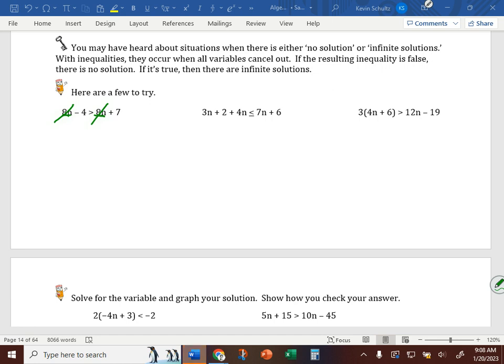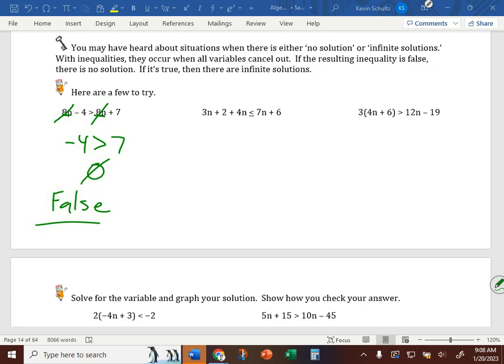Because we have the same number of variables, they will cancel out, and we're left with -4 is greater than 7. Is that true? No. Therefore, is this going to be a no solution or an all solution? No solution. Okay? Because our statement that we're left with is false. -4 is not greater than 7.